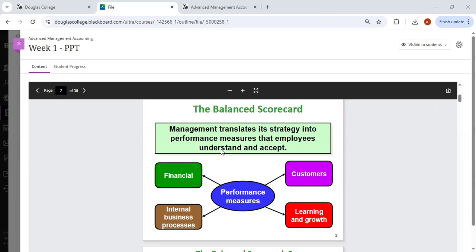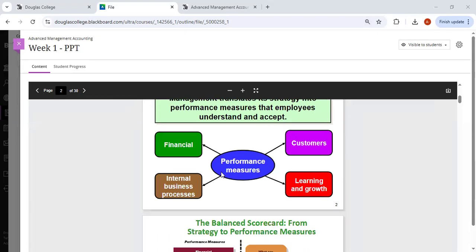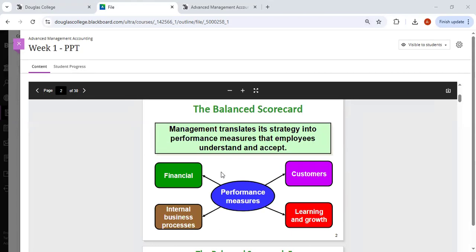Now, what is the strategy then? Because this balanced scorecard is going to translate the strategy. Now, the question is, what is strategy? For the strategy, I'm going to use something different right now, which is going back to the intro managerial accounting.